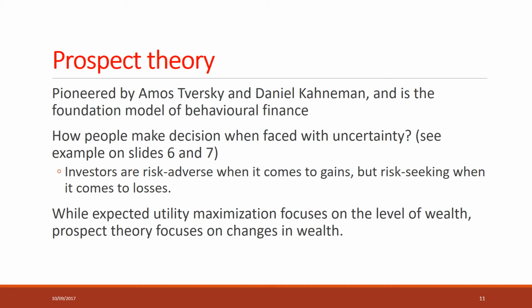So in the experiment that we saw before, when investors are given gains, they tend to be risk averse. Whereas for losses, investors tend to be more risk seeking, yeah? So Kahneman and Tversky therefore hypothesize that investors' utility function should be different if we have gains and losses, yeah?